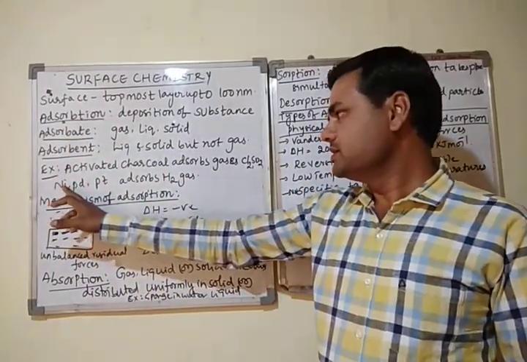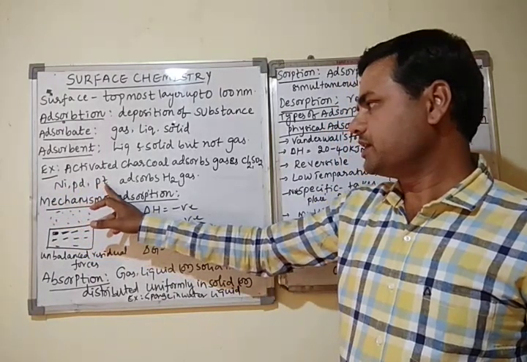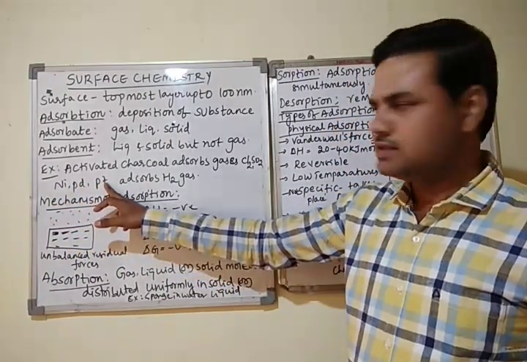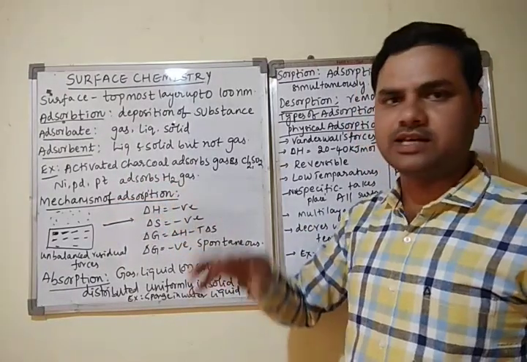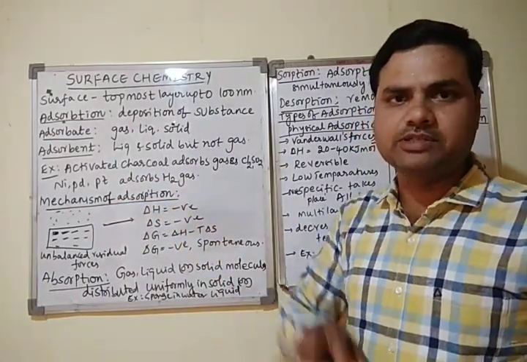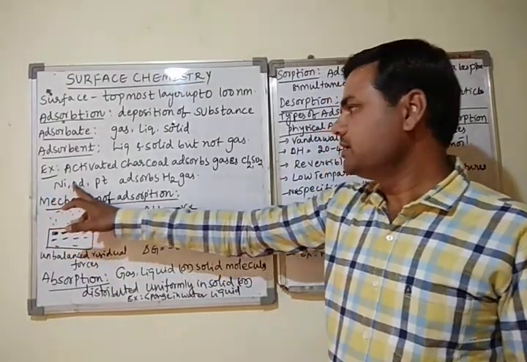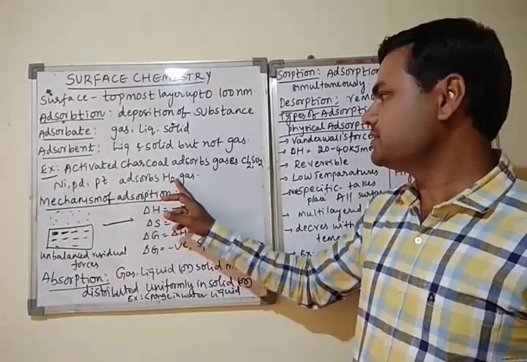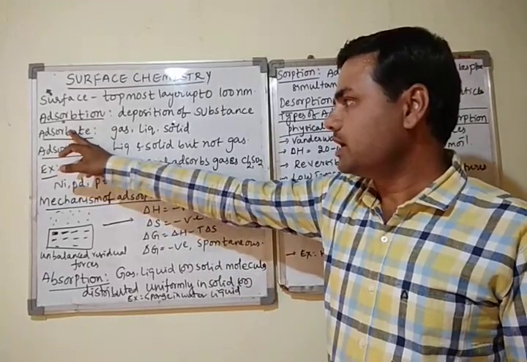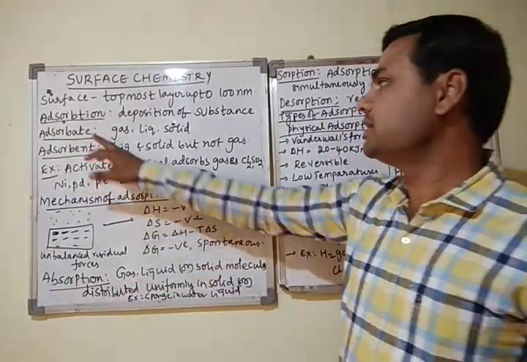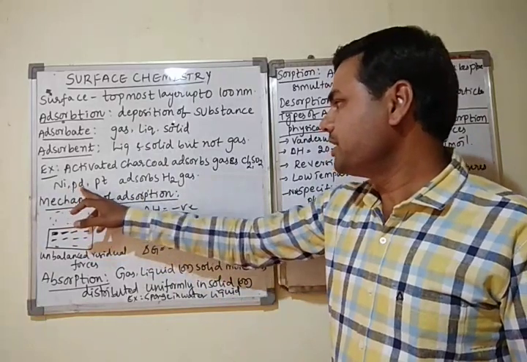For example, on nickel, palladium, platinum surfaces, hydrogen gas is adsorbing. Hydrogen gas is depositing or accumulating on the surface of nickel, palladium, platinum. Therefore, this hydrogen gas is acting as the adsorbate.